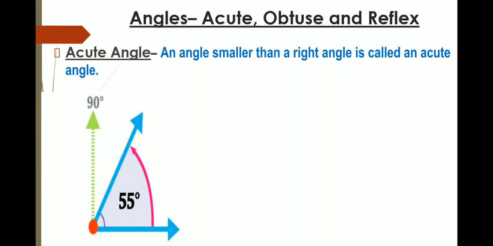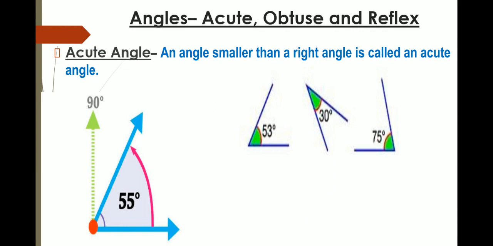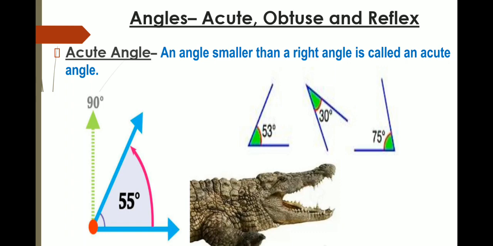Acute angle. An angle smaller than a right angle is called an acute angle. 55 degrees, 53 degrees, 30 degrees and 75 degrees are acute angles. A real life example of an acute angle is the open mouth of a crocodile.